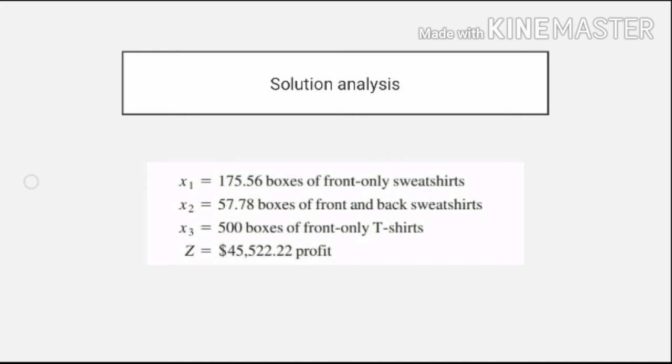So all in all, you have to add the 15,800.4, the 7,222.5, and the 22,500 to come up with the answer of $45,522.22.